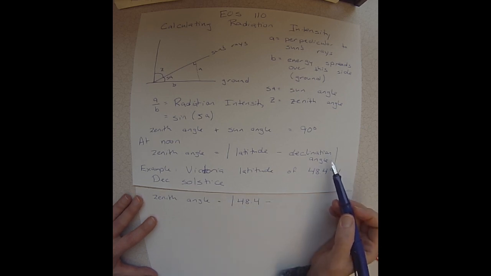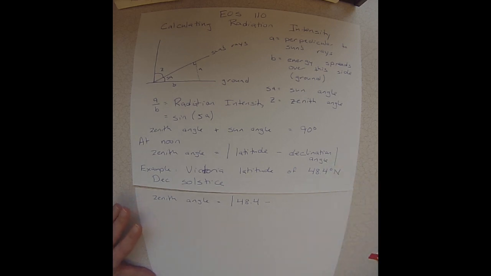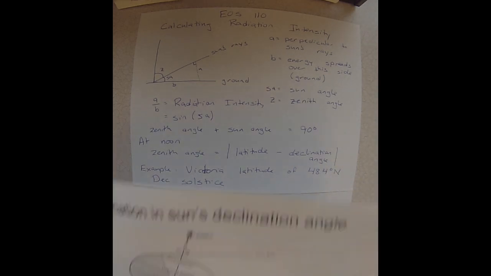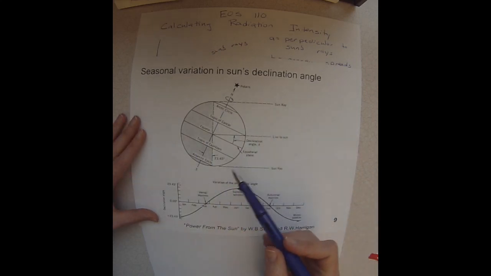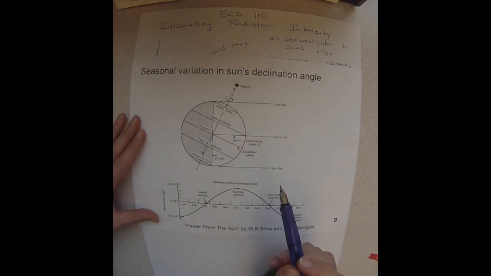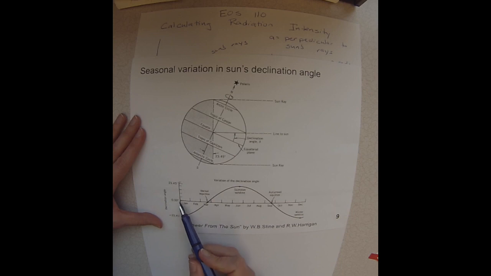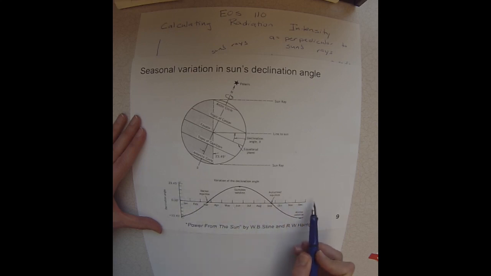So I have to figure out what the declination angle is for the December solstice. Here's a slide from our lecture where we looked at the declination angle. Remember that the declination angle is the latitude at which the sun is directly overhead. In this diagram, the y-axis shows different latitudes, and the x-axis shows different times.